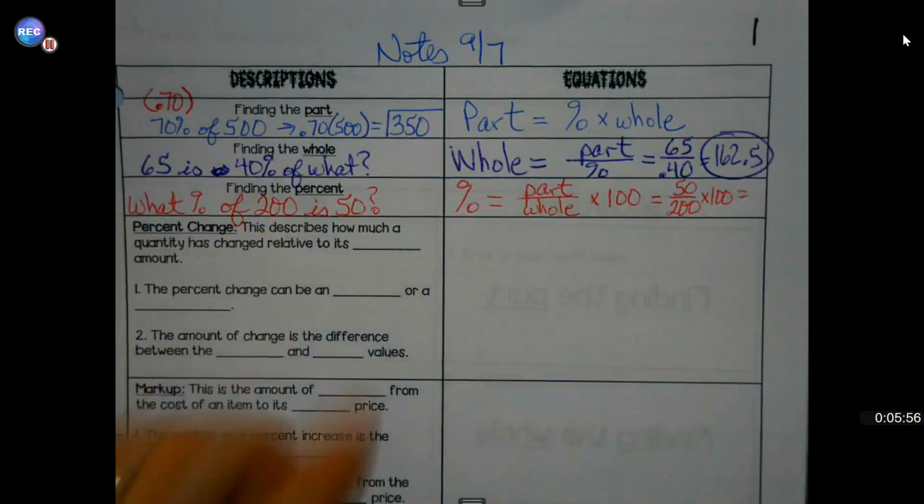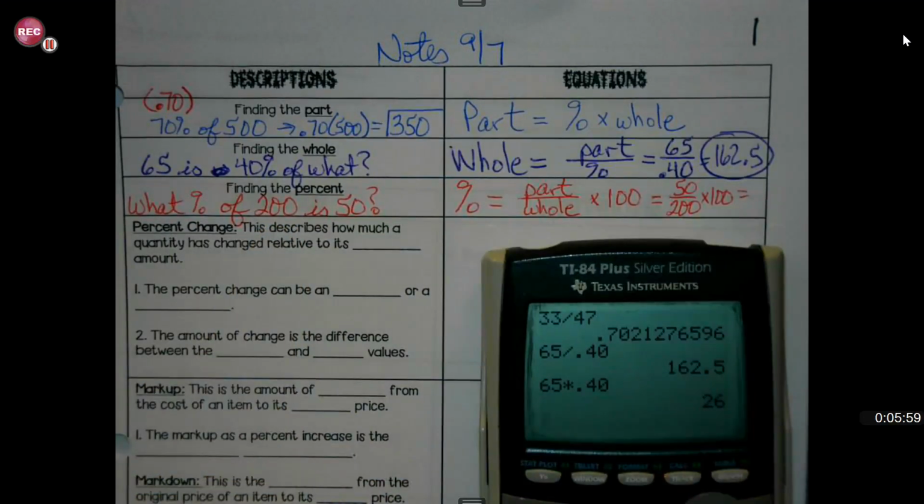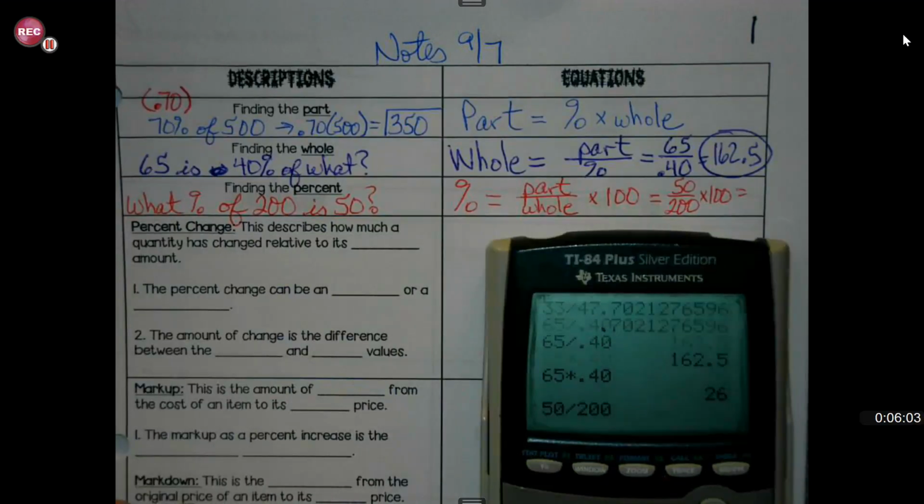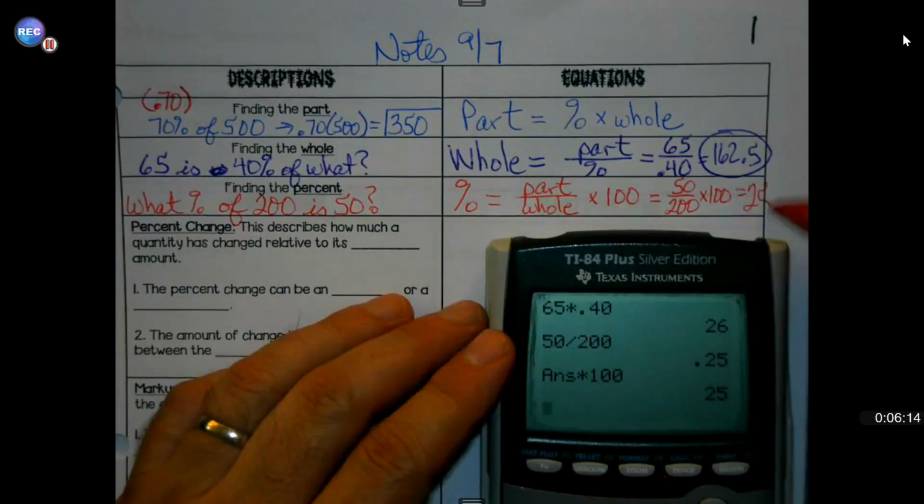And whatever answer you get, multiply by 100. So 50 divided by 200 is 0.25. That's the decimal form of the percent, but it's not the percent. So we're going to multiply by 100 and get that percentage.